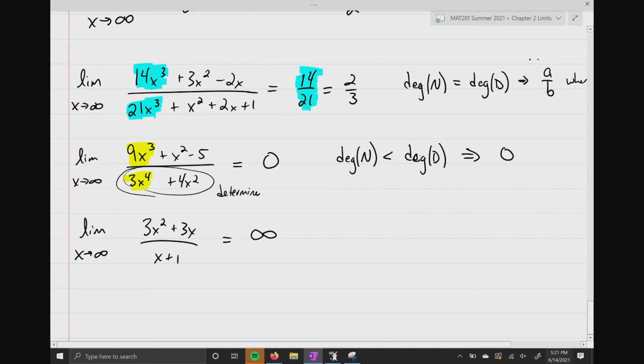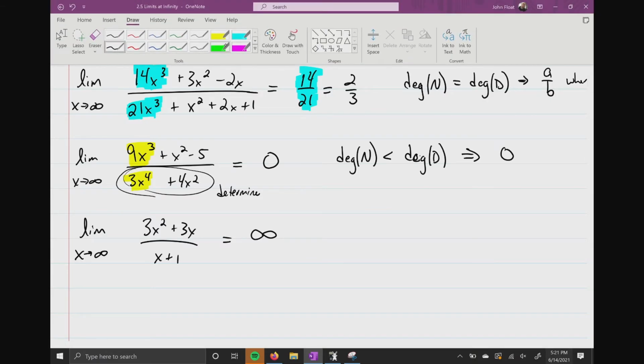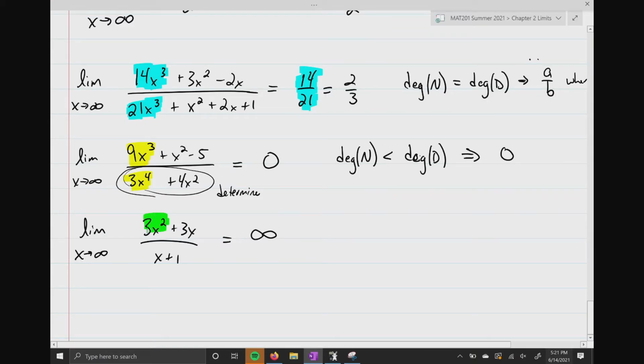Now, with the last example, there's your highest degree here. Here's your highest degree here. And notice with this third example, your degree of the numerator is larger than the degree of the denominator. So when that happens, your limit will go to infinity, always.